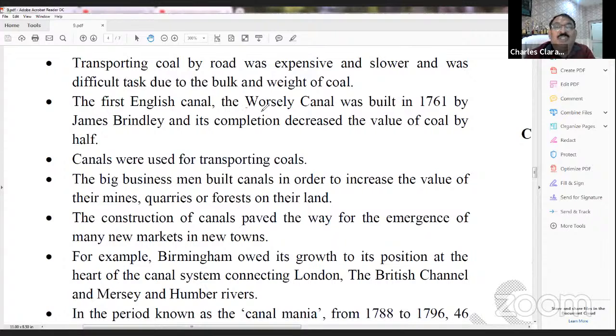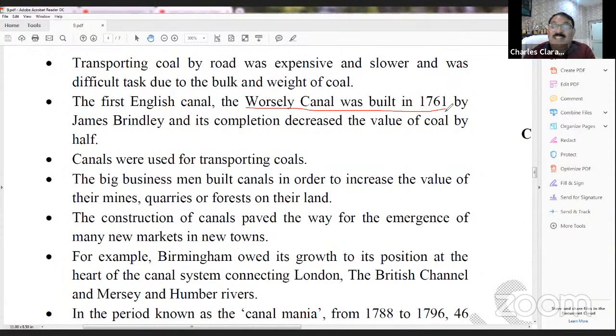That means around 19 years before the Industrial Revolution, by James Brindley, and its completion decreased the value of coal by half. Fantastic. So the value of coal became half, suddenly a 50% discount on coal.